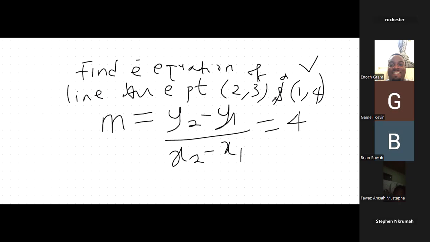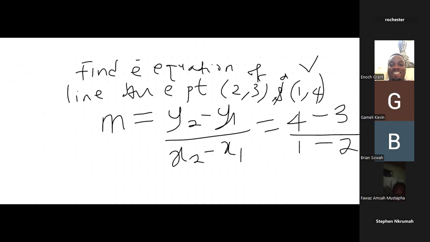And y1 is 3, which is at the other side, all over x2 minus x1. X2 is 1, and x1 is 2. So that's 1 minus 2.